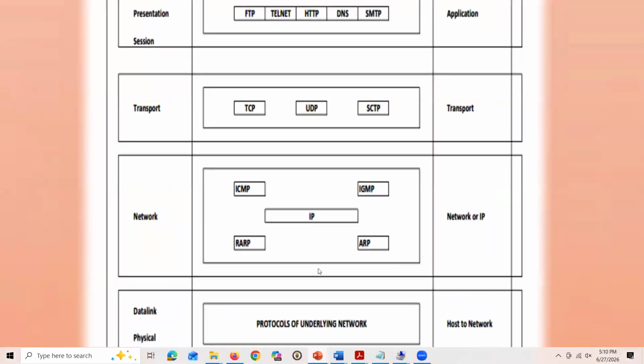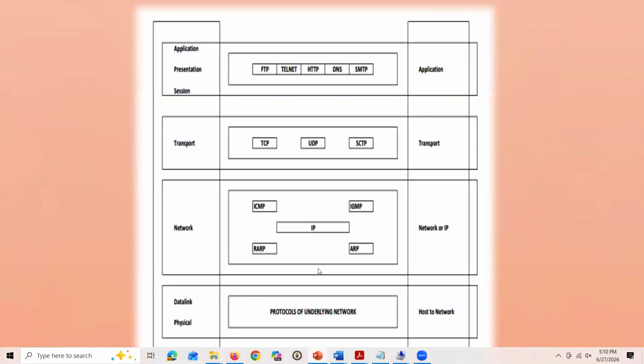We have FTP, Telnet, HTTP, DNS, SMTP, TFTP, DHCP, and so on. They are all here. So look at it, the first 3: application, presentation, session combined.